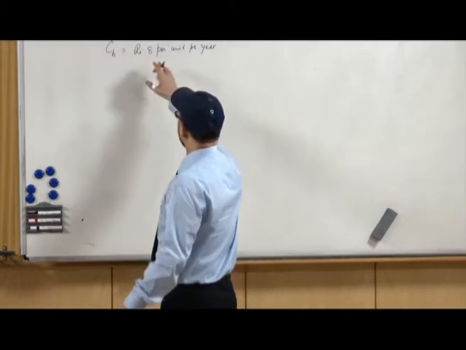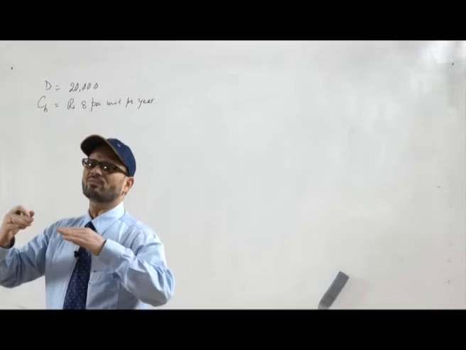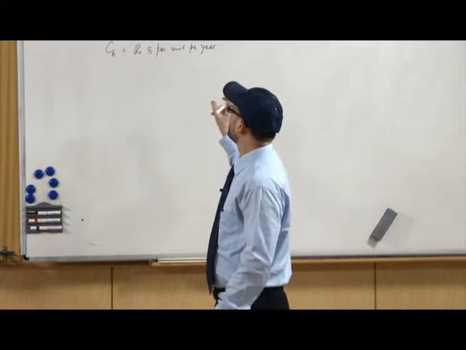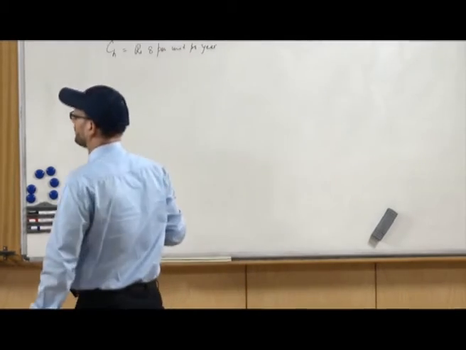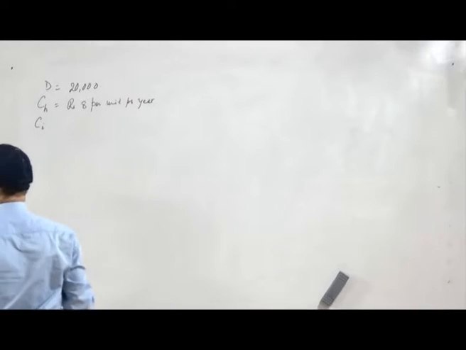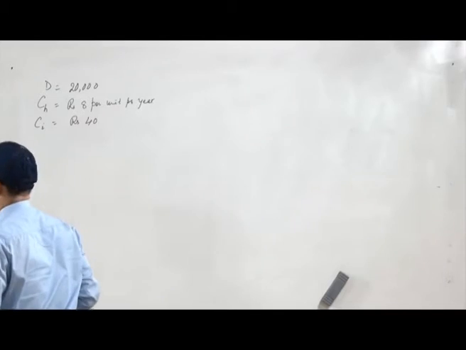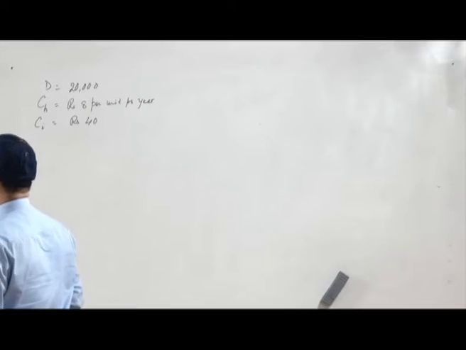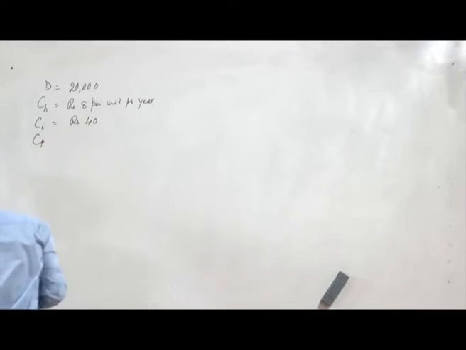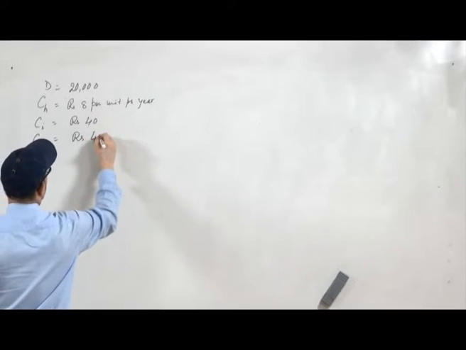So you may not have the direct values, but you may have to calculate it once it is expressed as a percentage of certain values. Here it is given directly as rupees 8 per unit per year. Then the item cost Ci is rupees 40 per unit, and the purchase order cost, that is Cp, is rupees 400 per purchase order.